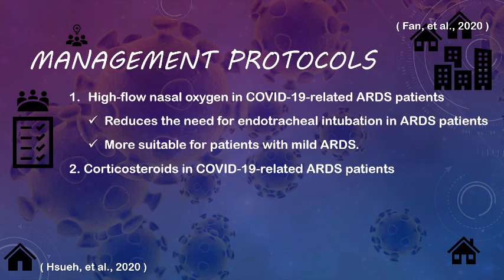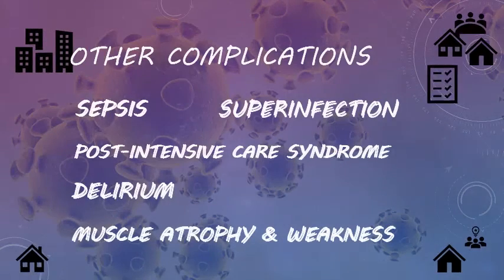This reduces the need for endotracheal intubation in ARDS patients and is more suitable for patients with mild ARDS. Secondly, patients could be given corticosteroids, the most potential treatment for ARDS because of their role in reducing inflammation and fibrosis.